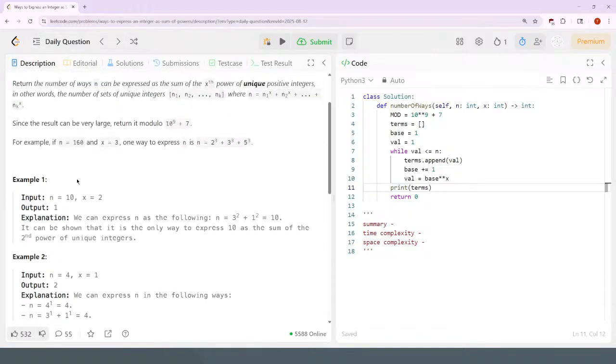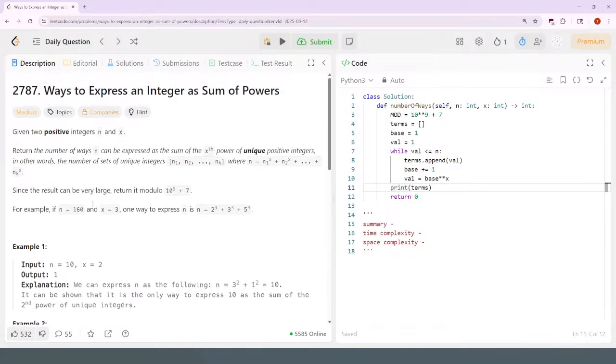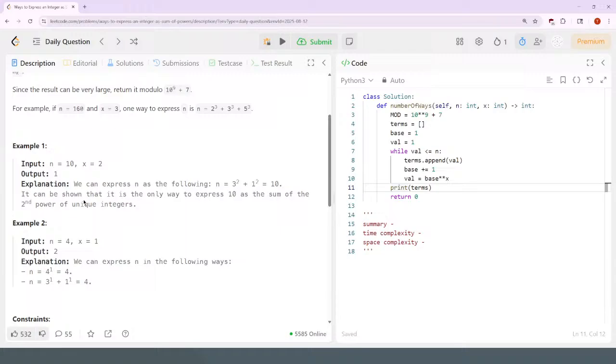We can maybe use a stack for it instead, using recursion with a stack.